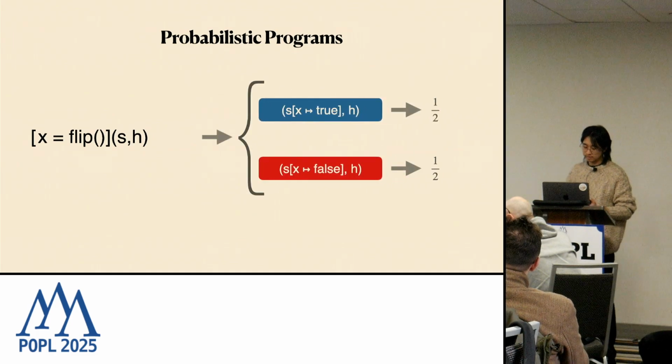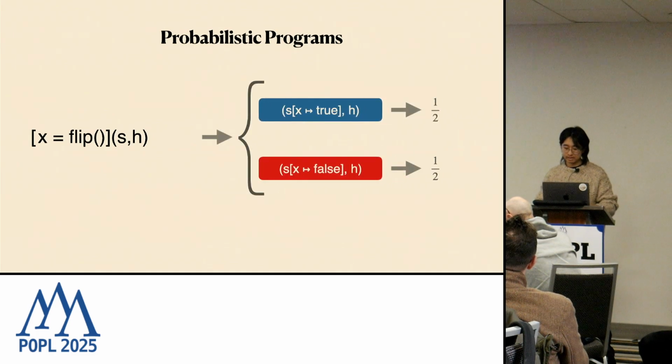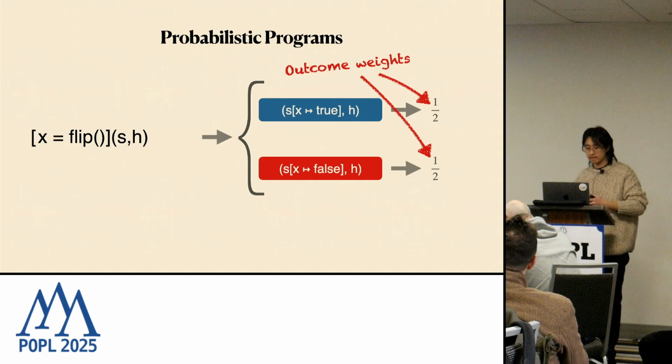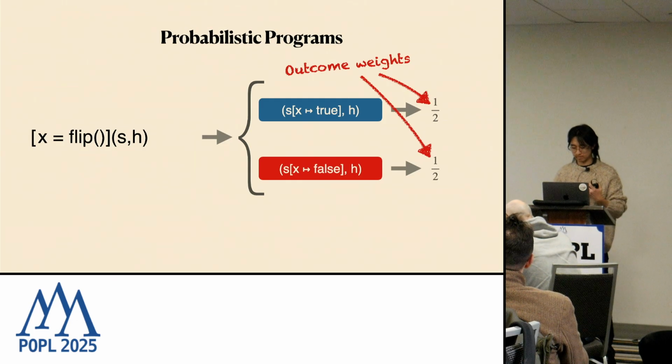Or in other words, we can specify the result of running this as the set of its possible outcomes, along with weights that are assigned to each of these outcomes. So in this case, these would be the probabilities.